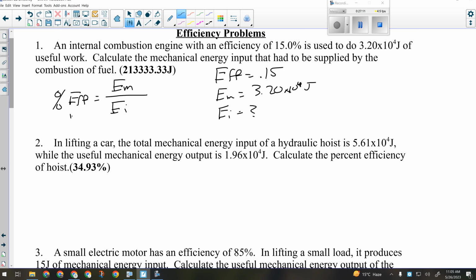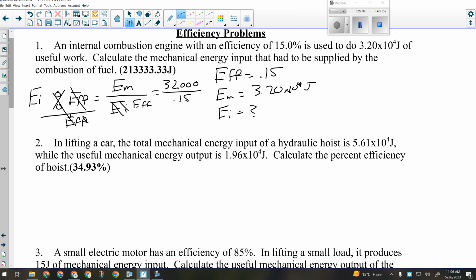So I have to take this formula and solve for EI. That means I'm going to multiply both sides by EI, and then divide both sides by efficiency. So when I plug in my numbers, that's going to be 32,000, that's 3.2 times 10 to the 4, divided by 0.15.